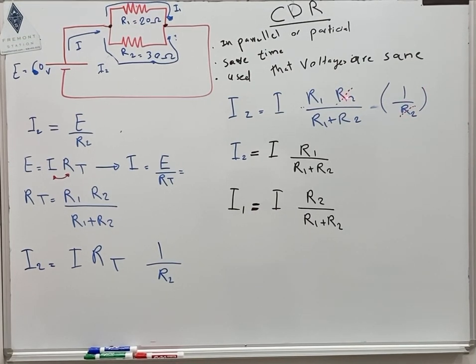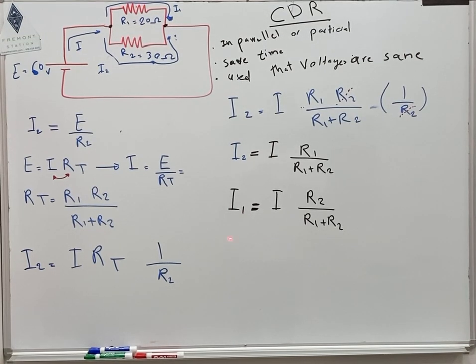Because we have R2 up and R2 down, we cancel it. We get this equation for I2. This is what we call the current divider rule.